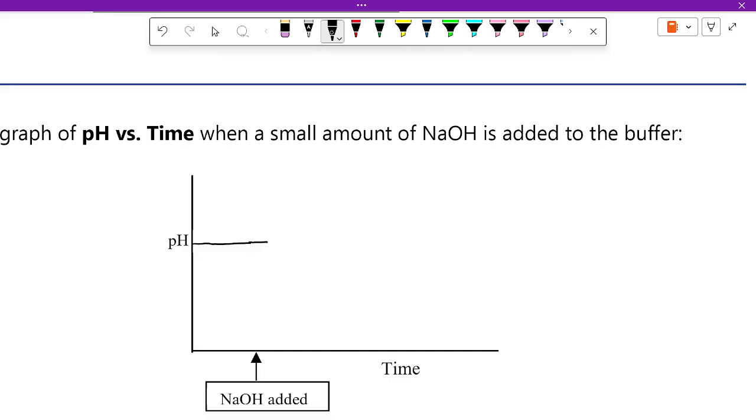What should happen right when the NaOH is added? The pH should go up. And then what should happen? It'll come down, but not all the way down.